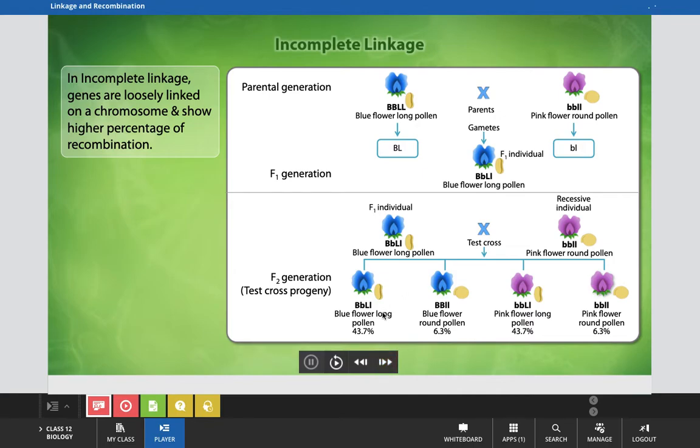In the progeny we can see blue flower long pollen 43.7%, blue flower round pollen 6.3%, pink flower long pollen 43.7%, and pink flower round pollen 6.3%. These were the results obtained by different biologists from time to time when they performed experiments related to linkage.